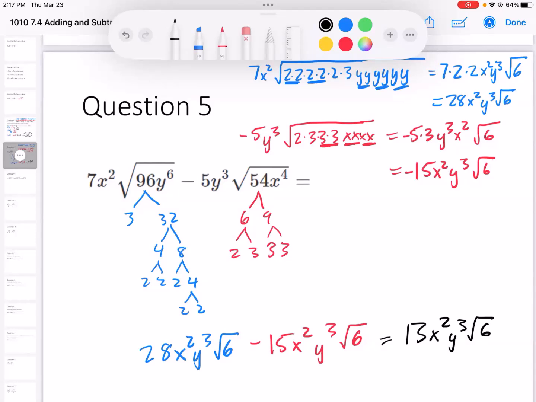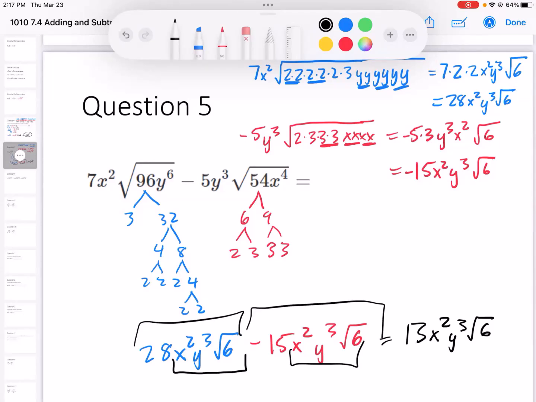We're adding x squared y cubed square roots of 6 together, because all of that stuff is multiplied together. So we're adding that stuff to itself, if that makes sense. So you don't do it term by term, because this entire thing is a term. Like the blue stuff is all a single term. The red stuff is all a term.